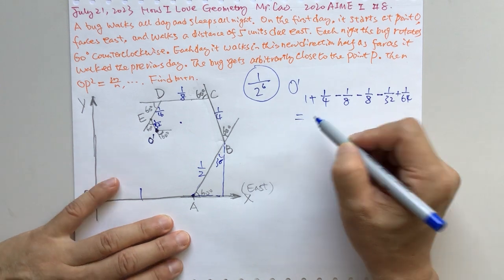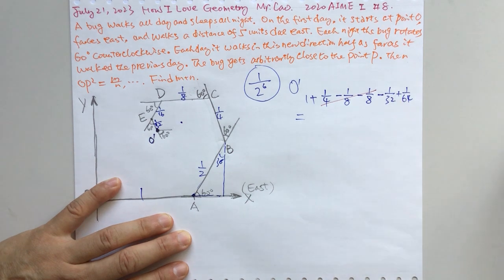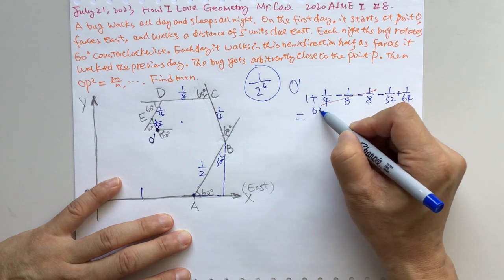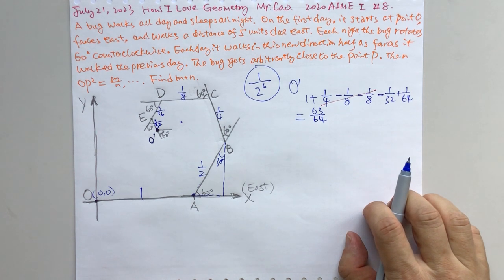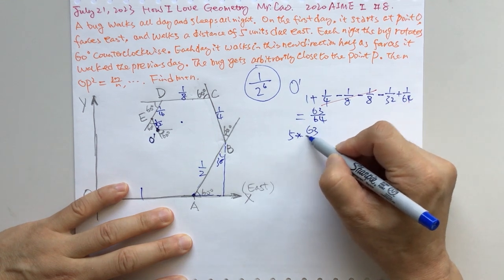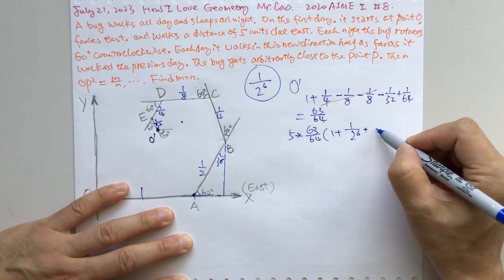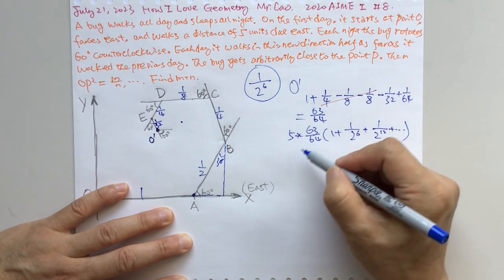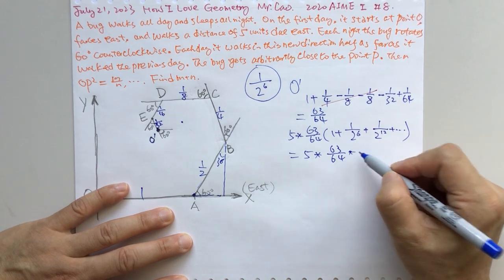Let's calculate. These three cancel, they are the same. So that's negative 1/64, and 1 plus that is 63/64. The final point P is 5 times 63/64 times (1 plus 1/2 to the 6th, plus 1/2 to the 12th, and so on forever).